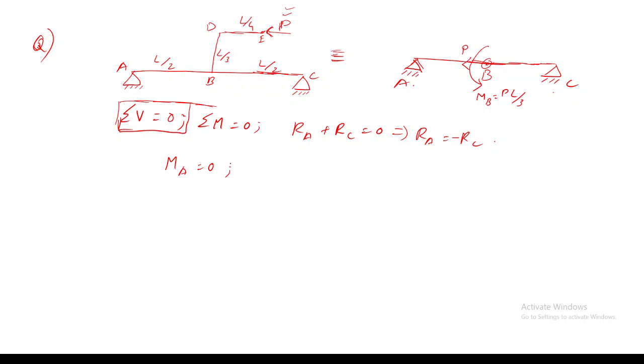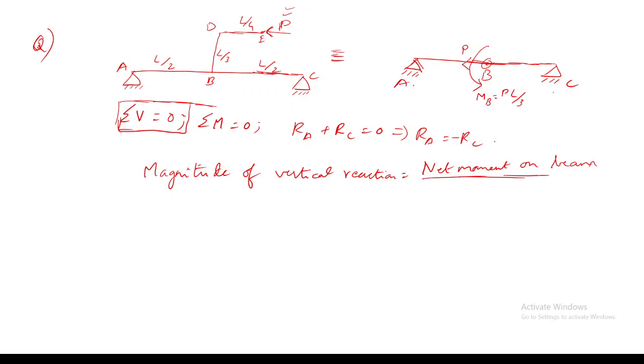When the condition is like this, I can take the directions of the vertical reactions as equal and opposite, and then find the magnitude of the vertical reaction, which equals the net moment on the beam divided by the total length of the beam.